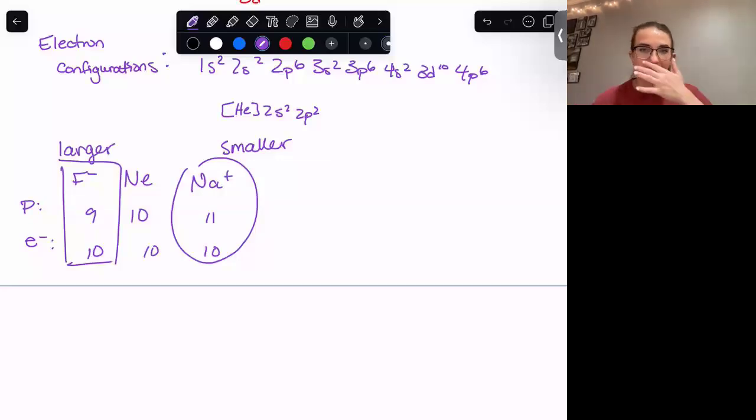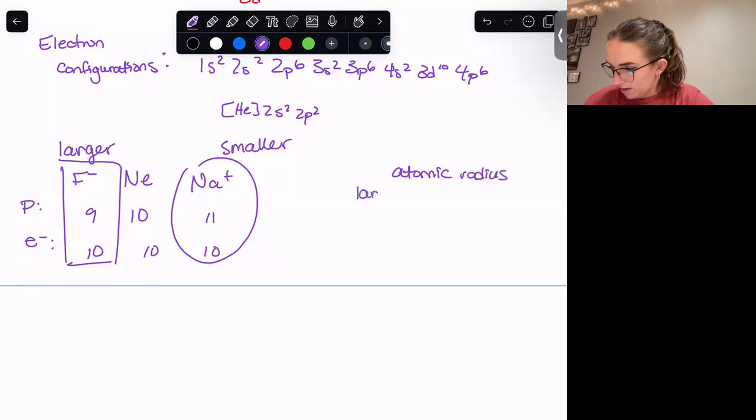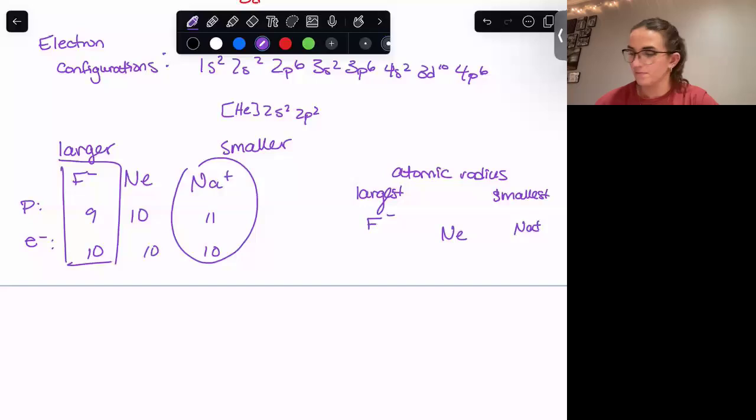It can expand and escape out a little bit farther than the 10 to 10 or 1 to 1 ratio. So for atomic radius, your largest is F minus, your smallest is sodium plus, and in the middle is neon.